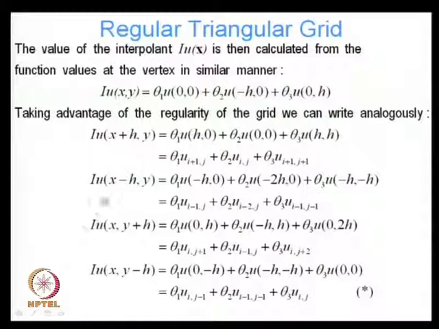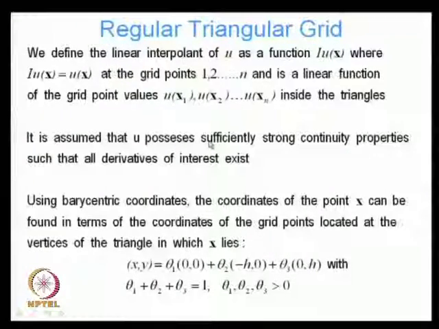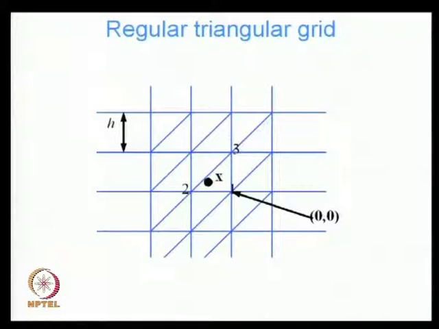So, because of the regularity of the grid, we can write I u x plus h y is equal to theta 1 u h 0. Earlier on it was u at 0 0, right. Now we are evaluating u at h 0, right, because everything has shifted by h in the x direction.